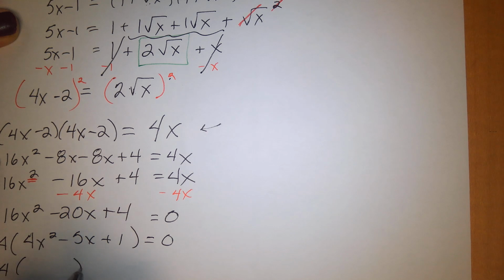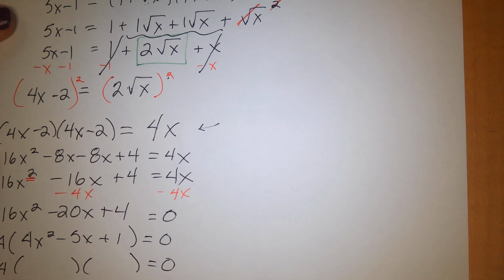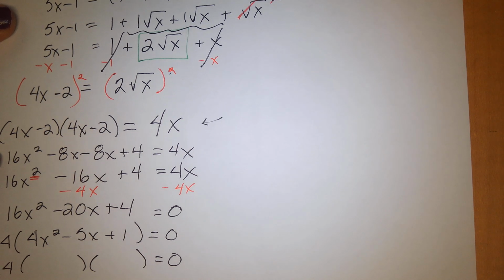Then I try to see whether this is factorable. Some of you can choose to use plug and chug. Some of you might choose to use the table method. Some of you might choose to use the A times C method. Whichever method you choose, you're going to find that this factors into 4x minus 1 and x minus 1.